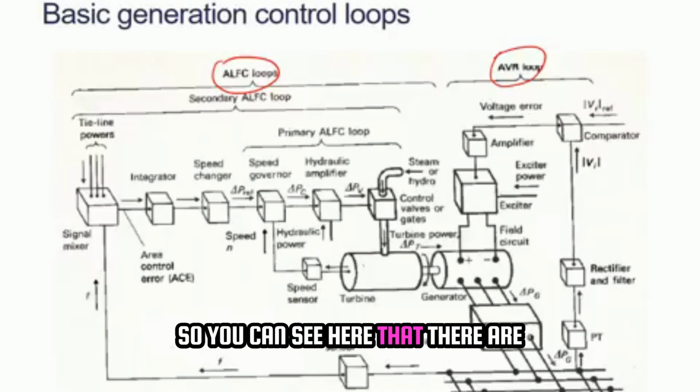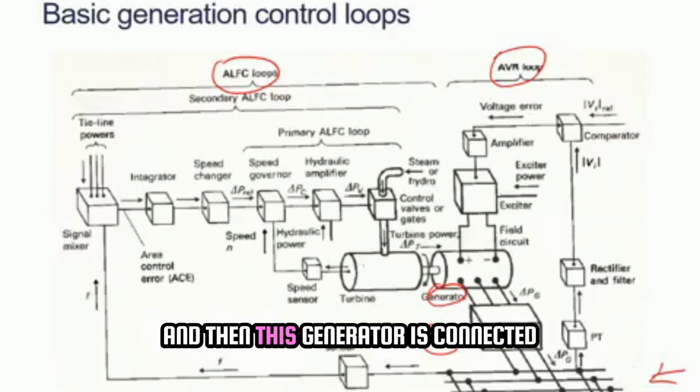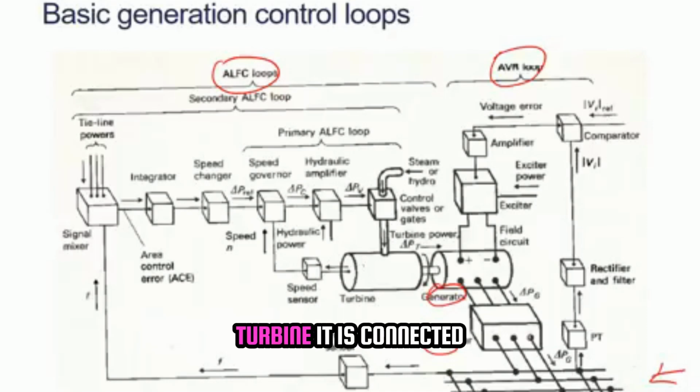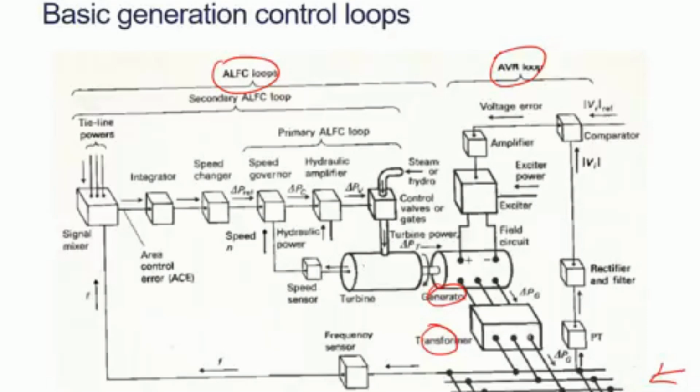You can see here the three phases of the transmission line, connected through a transformer to the generator. The generator is connected with the excitation system, and through the turbine it is connected to the speed governor and the rest of the parts.